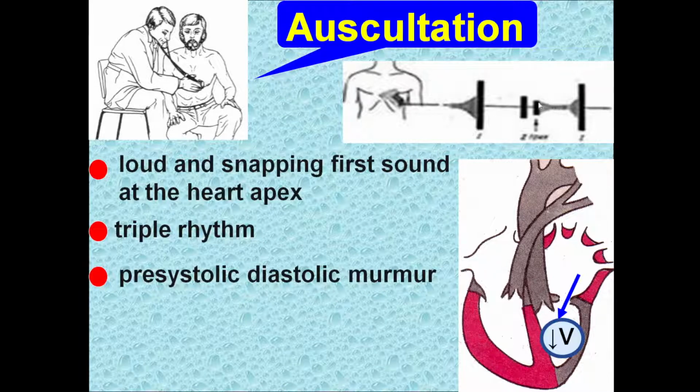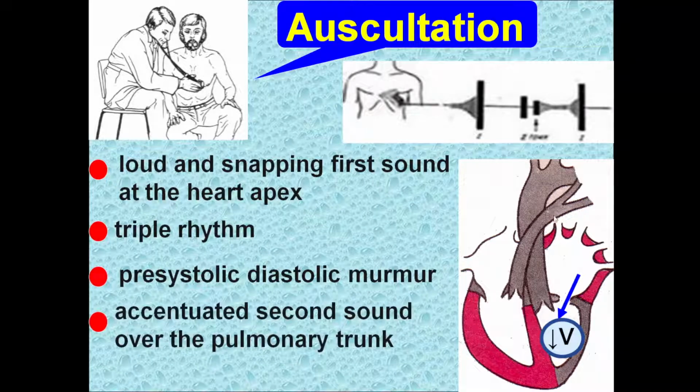After the second sound we'll hear a diastolic murmur intensified toward the end, a presystolic murmur, which is audible turbulent movement of blood. It's more intensive at the end of diastole, the period of presystolic contraction of the left atrium, which pushes delayed blood through the narrowed orifice.